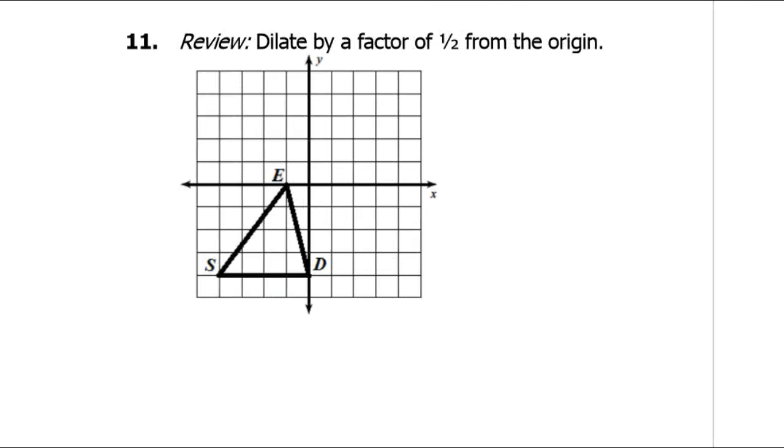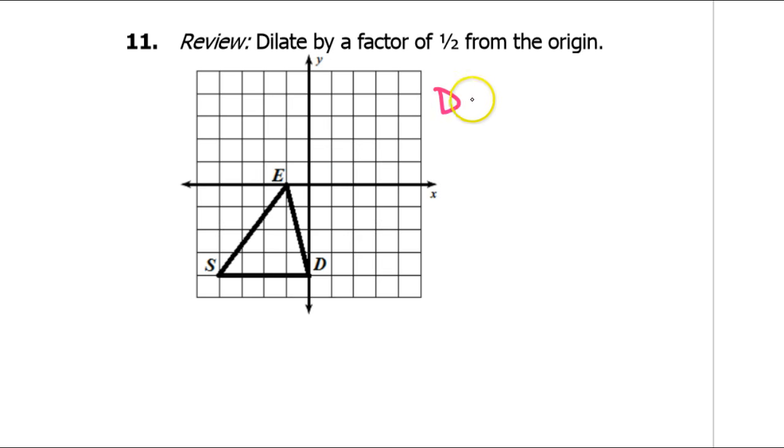And then finally, number 11, we're going to do a dilation with a scale factor of 1/2 from the origin. When you're doing a dilation from the origin, all you have to do is multiply all of the coordinates by the scale factor. So let's write down what the original coordinates are.